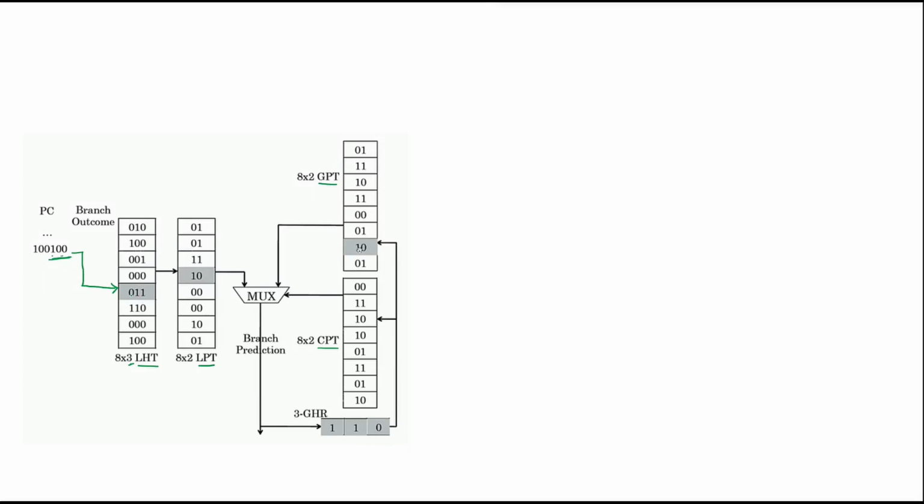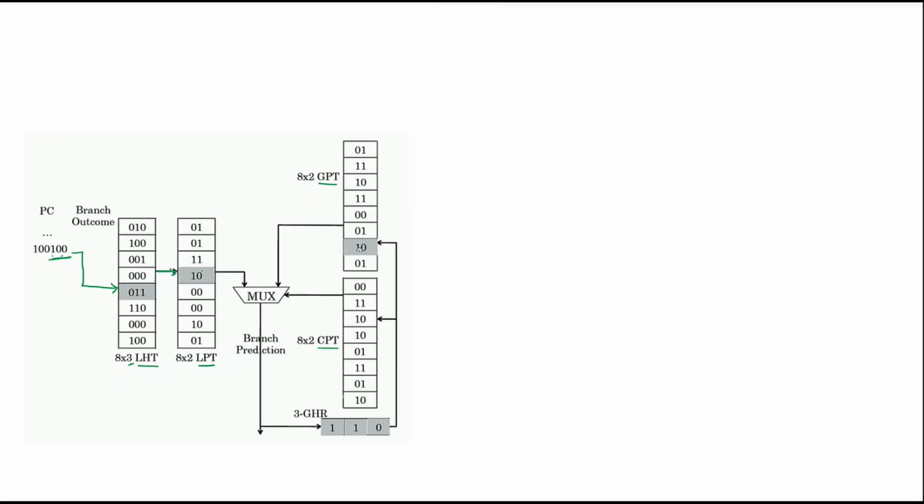Since it is 011, we move to the local prediction table. 011 is 3, so it goes to entry 3, where the value is 10. What does 10 mean in 2-bit?